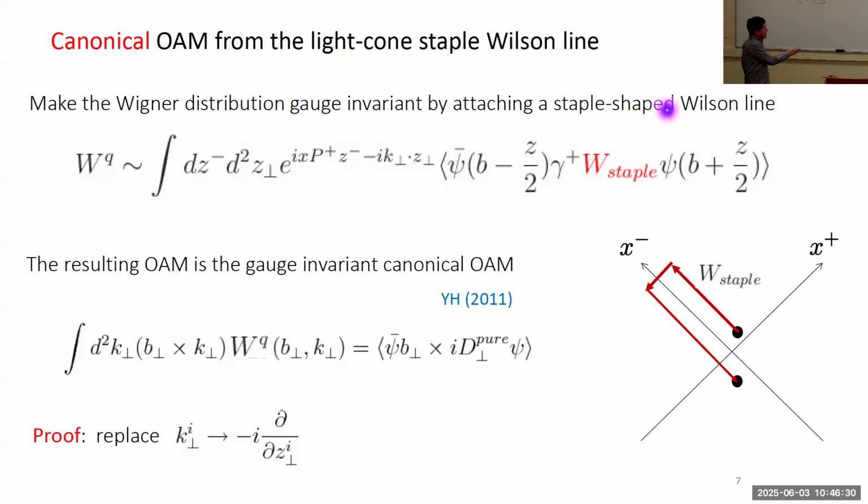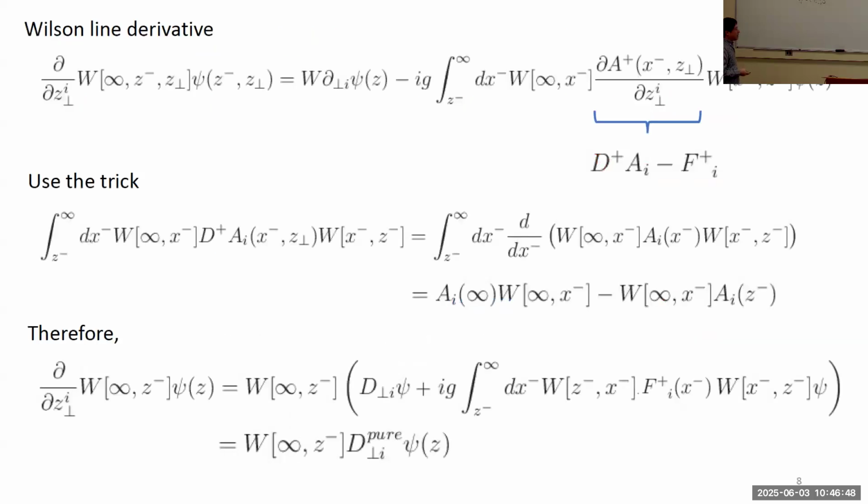So I have to consider the z perp derivative of this object. When you calculate this derivative with respect to z perp, I have to differentiate the staple-shaped Wilson line. That's a bit tricky part, which I'm going to work out step by step.